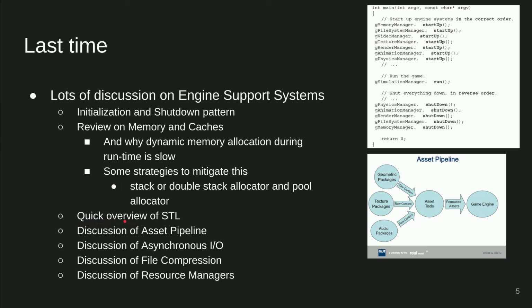Then we talked a little bit, a really super quick overview, of the standard template library and the asset pipeline, which I always like to point out is interesting to think about as a game engine programmer, because you're also integrating tools that artists use and having to work with their pipeline. So we do have to think about how content gets into our games at the end of the day.